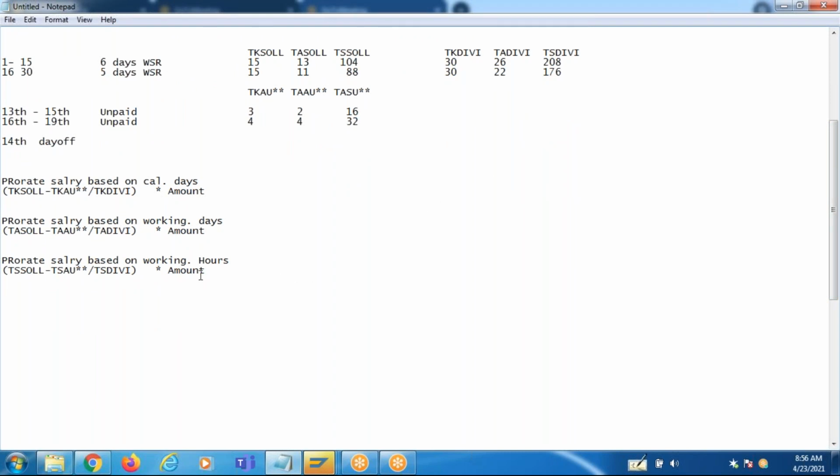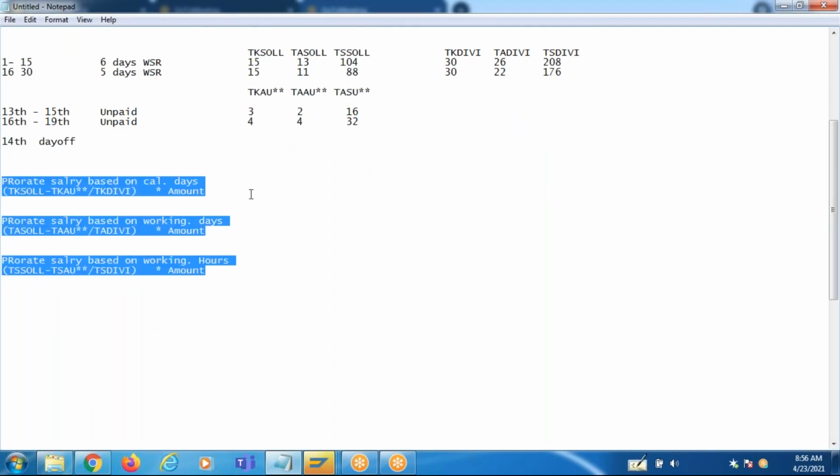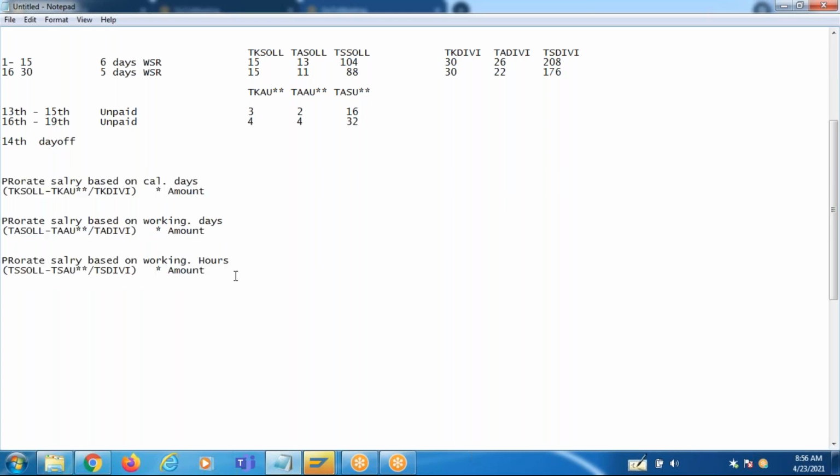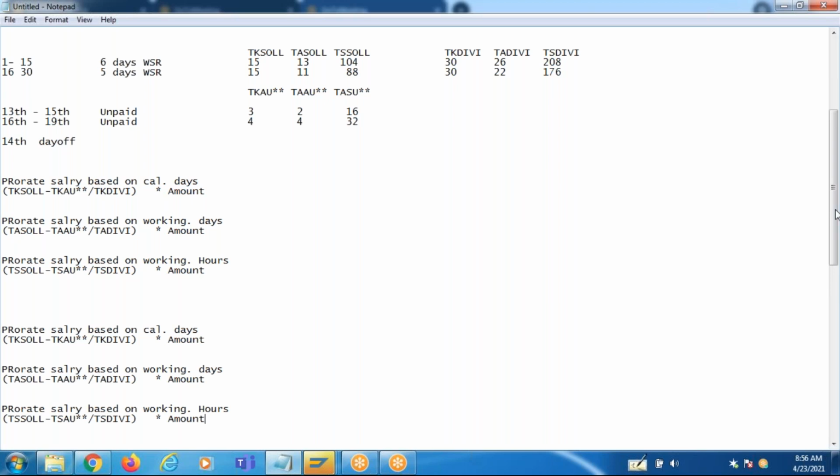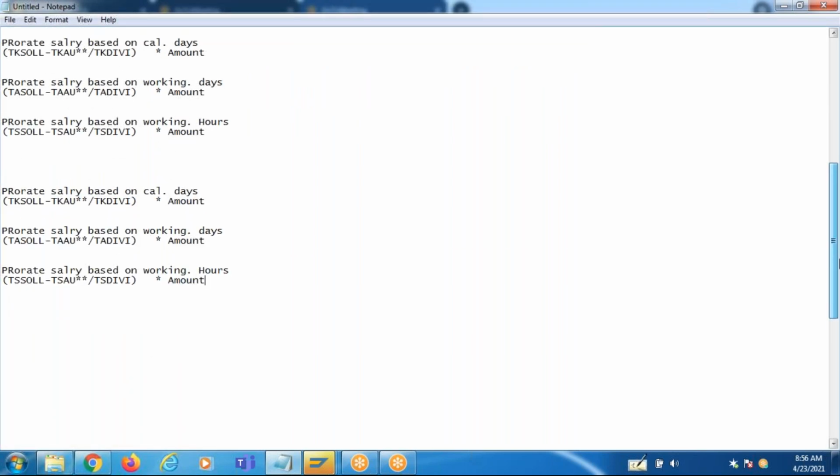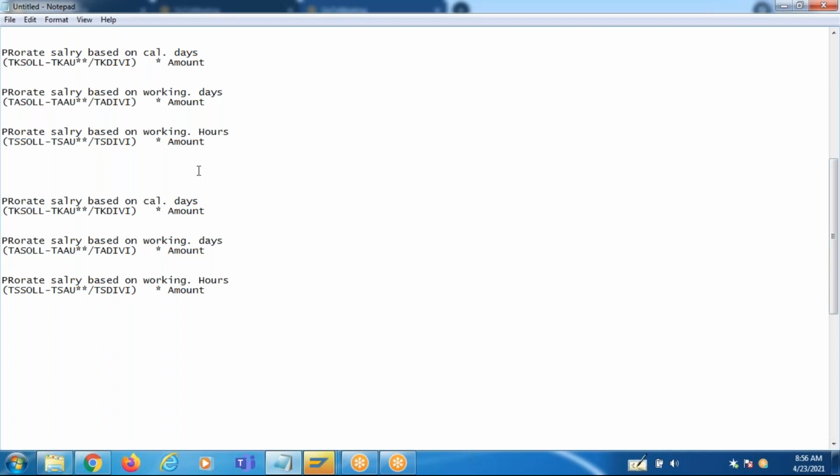The proration is always based on average calendar days, guys. Average calendar days, average working days, average working hours. It is not actuals. Then we use DAVP. What is DAVP? When I say TK DAVP, it is always 30.